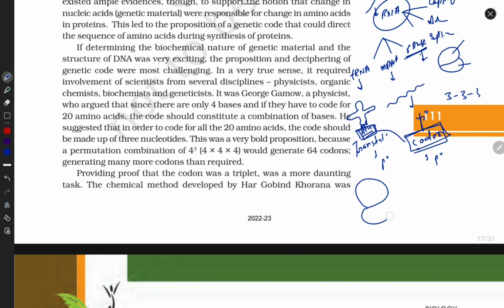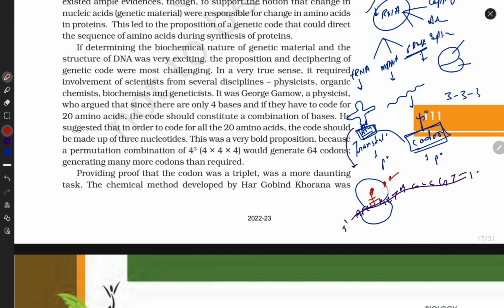Here is the ribosome, and here the mRNA will be present. And what does mRNA contain? Some kind of sequence of A, T, G, C, like G, T, C. Now what happens? One by one, tRNA will come. I am drawing it in this manner. A tRNA will come and bind and make protein.